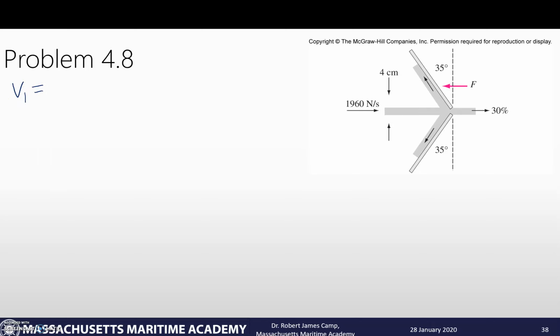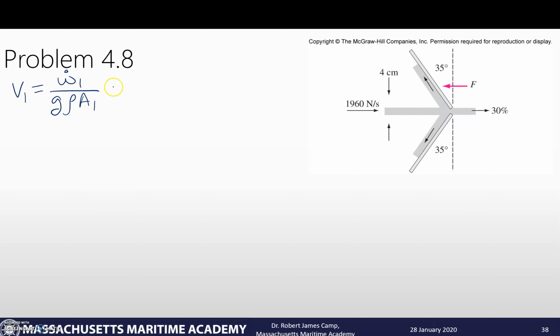So what's the velocity at 1? Well, the mass flow rate is rho V A, so the weight flow rate is rho V A times g. I'm going to take my weight flow rate at 1, divide it by gravity to give me my mass flow rate, and then divide it by density times the area, and that's what's going to leave my velocity.